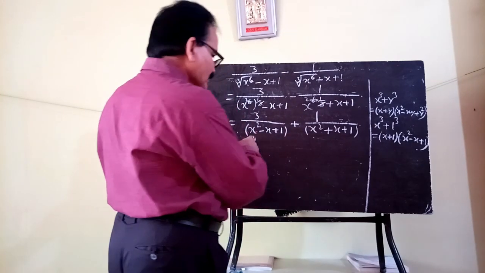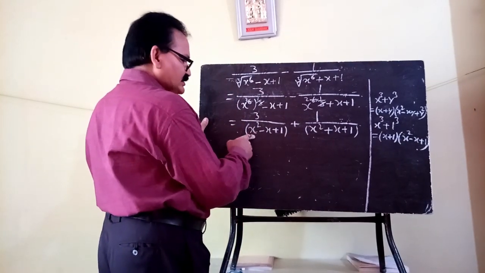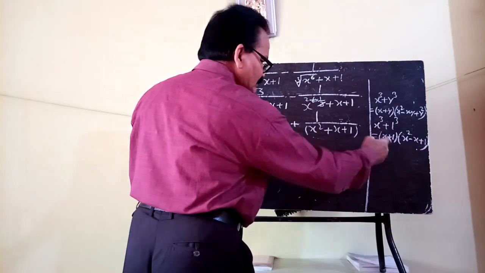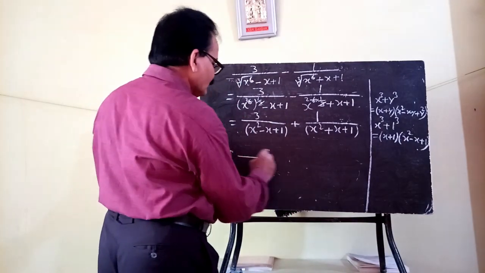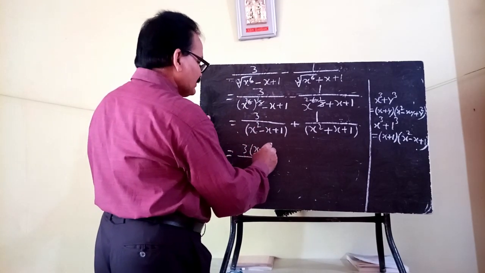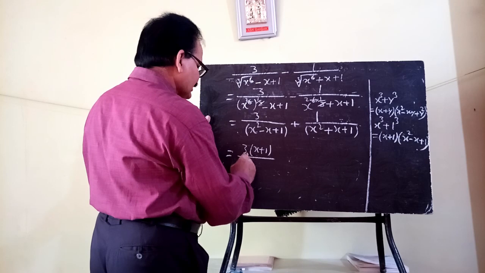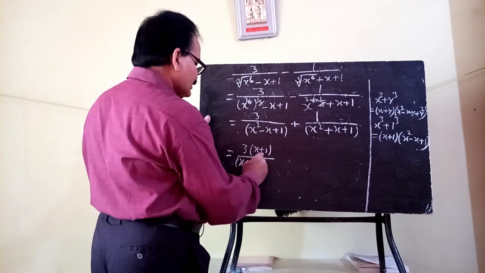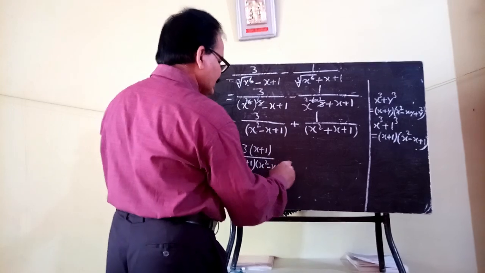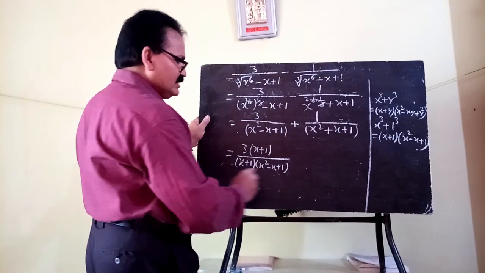Okay, so if you see here x square minus x plus 1, that means you require x plus 1. So you multiply both the numerator by x plus 1 as well as the denominator by x plus 1. Then it will not change your equality. Okay, clear?